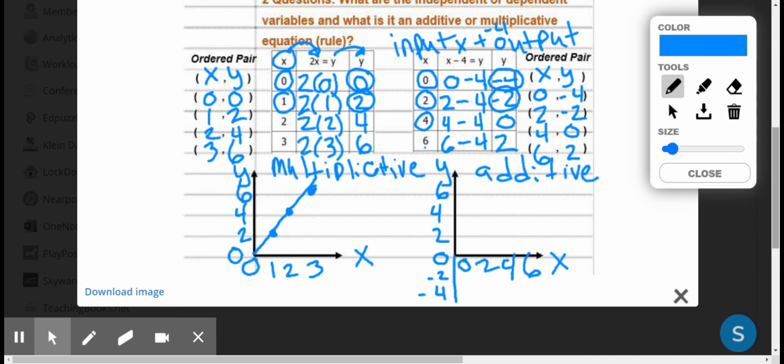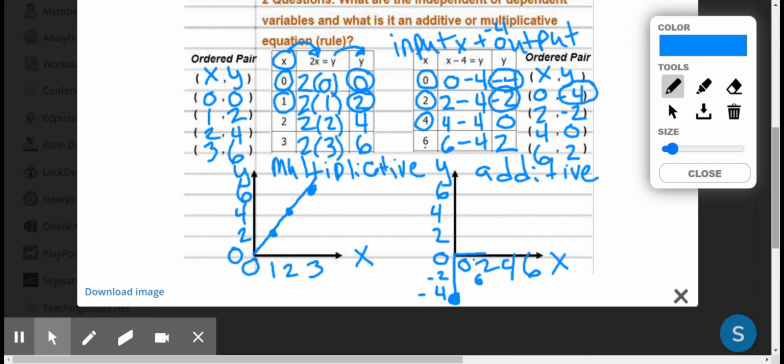So on the y-axis, we're going to have to go all the way down to -4. So when x is 0, y is -4. And then when x is 2, our next ordered pair, y is -2.